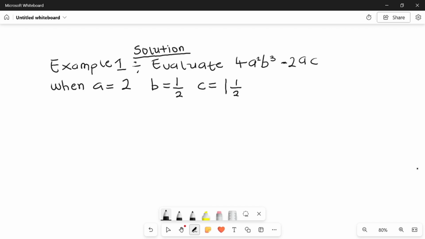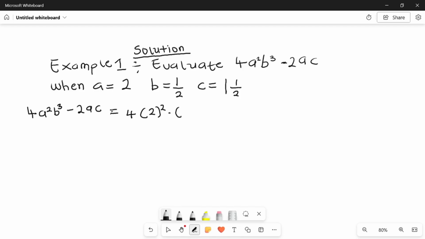So we'll have that 4a squared b cubed minus 2ac will equal 4 into our value for a, which is 2, raised to power 2, times our value for b cubed.